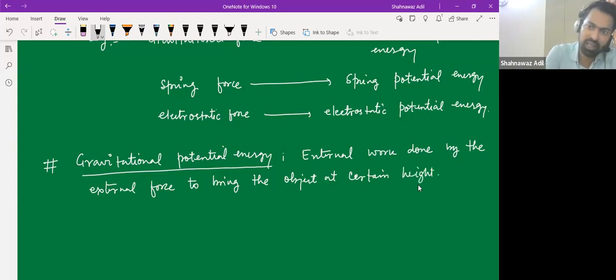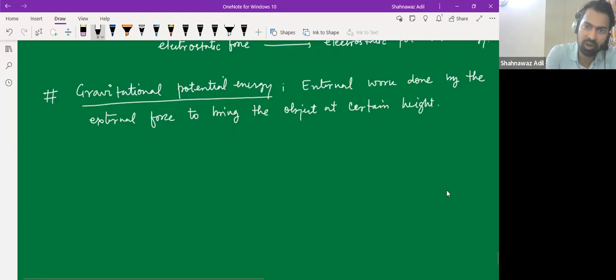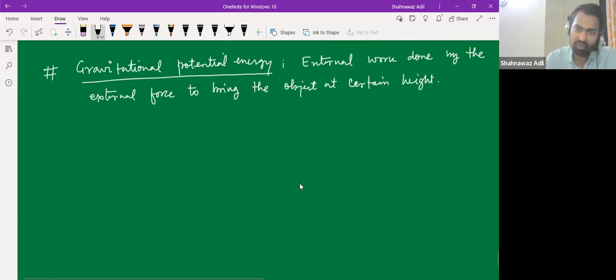Right, so let's say that you are bringing this object. Let's say you have this earth surface and you are bringing this object at this height, right? So this is the h height, and you are bringing this object in here.